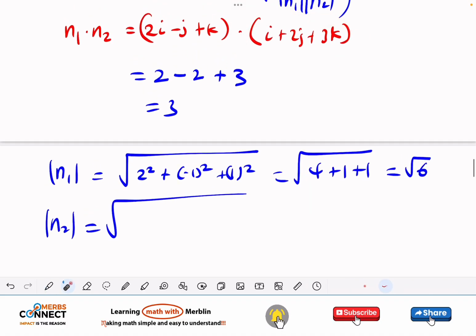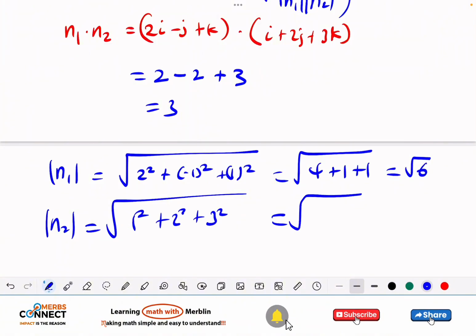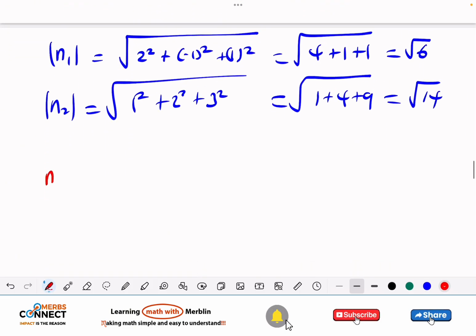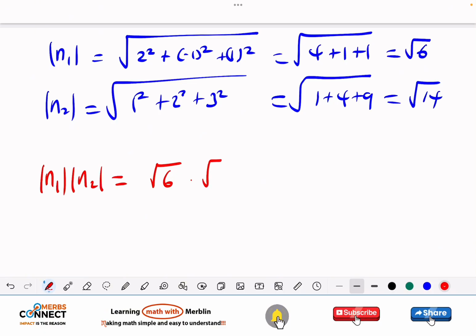So 1 squared plus 2 squared plus 3 squared. This is 1 plus 4 plus 9, and this is the square root of 14. So if you want to find the magnitude of n1 times the magnitude of n2, we are going to have root 6 times root 14, and this is the same as root of 84.